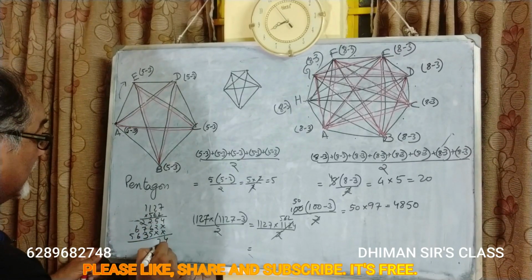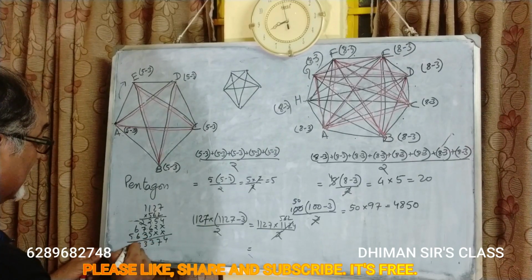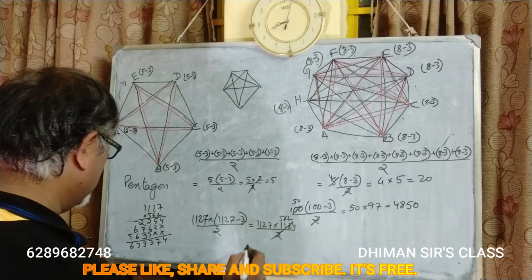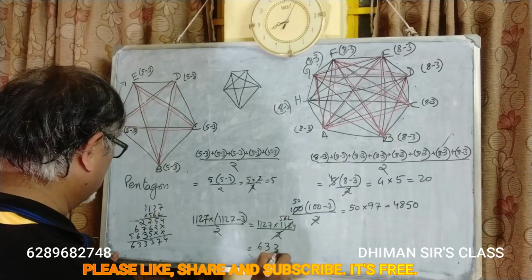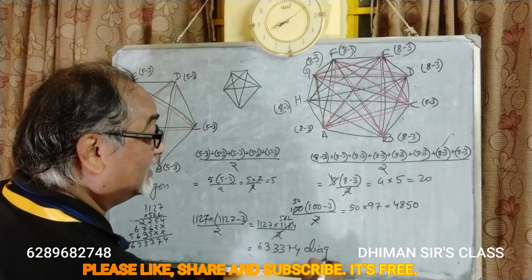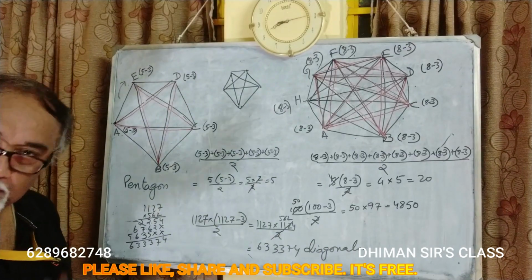Add up. So a figure having 1127 sides will have 633,374 diagonals. Understood?